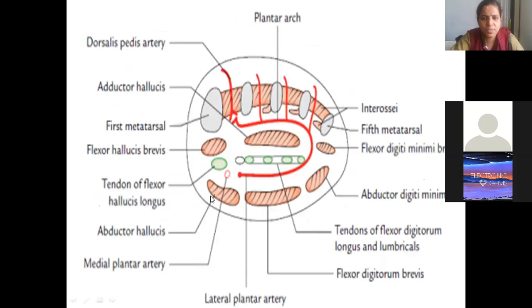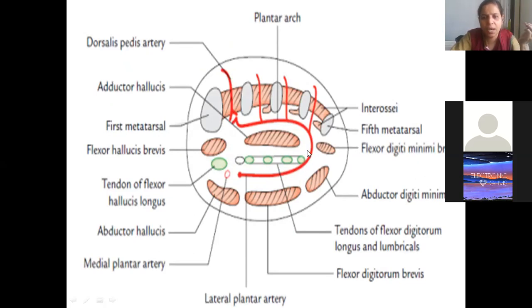Now you see this is the whole cross section of the foot. This is the first layer muscle, flexor digitorum brevis. This is the great toe side, where we have abductor hallucis, then abductor digiti minimi. Below that we find the lateral plantar artery in the sole.